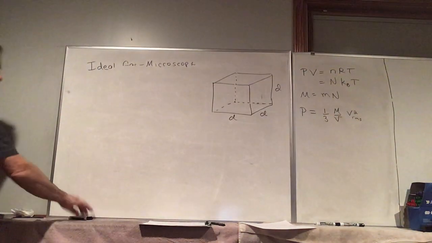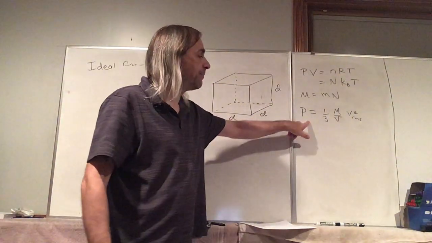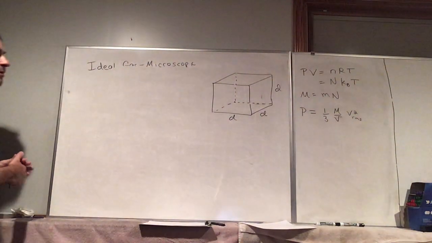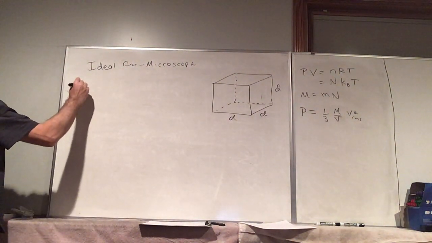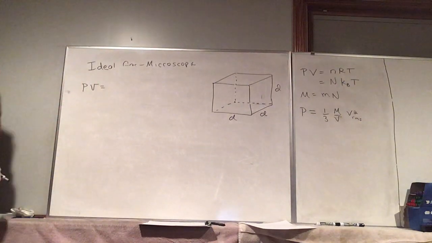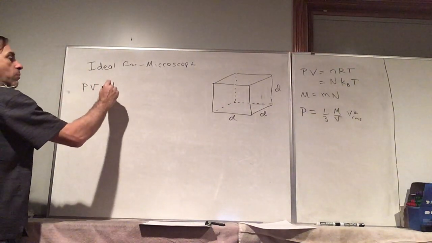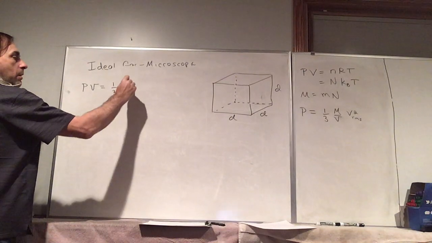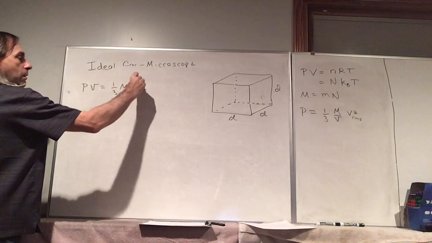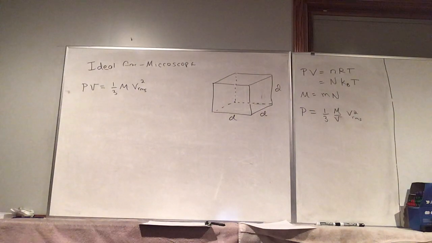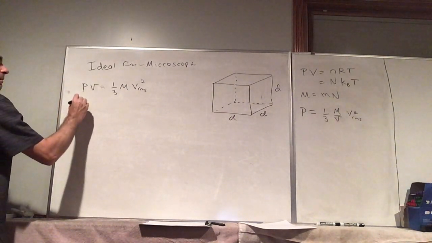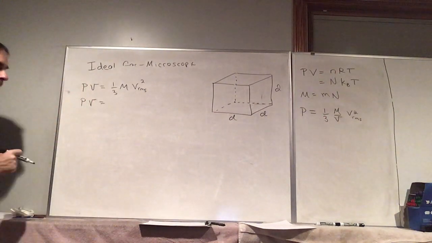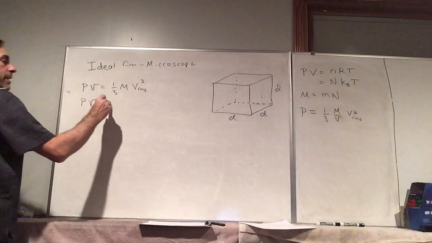Now let's take this result here, and let's multiply both sides by the volume. So we have P times V. It's 1/3 times the mass times the average velocity of the particles squared. Now, we also know that P times V, we can write this in two different ways. I'm going to write it this way.